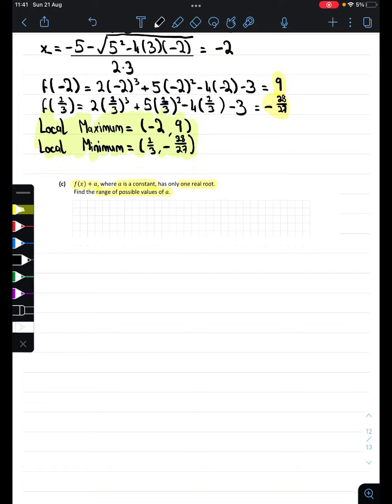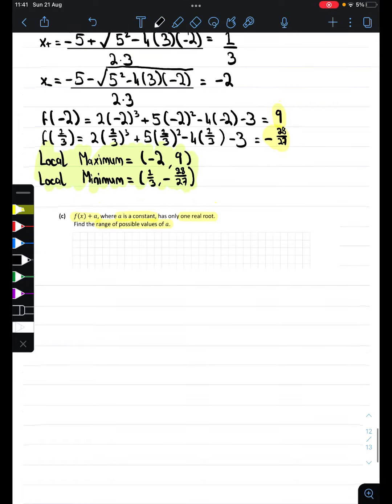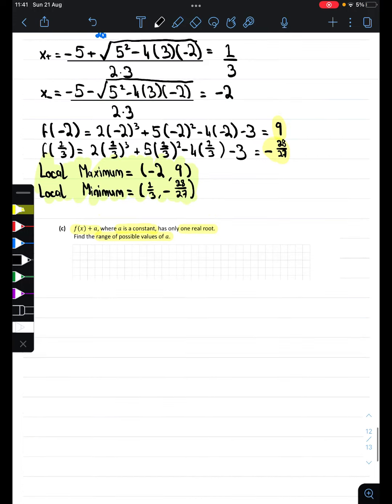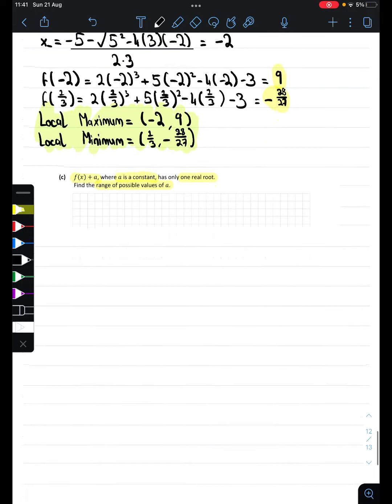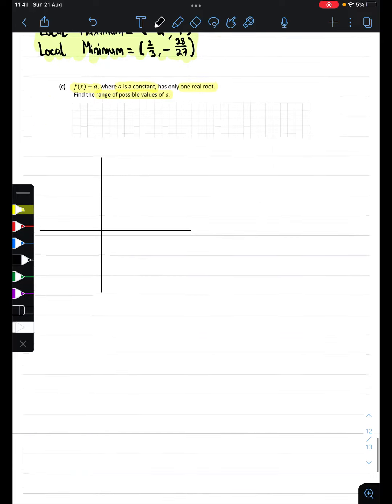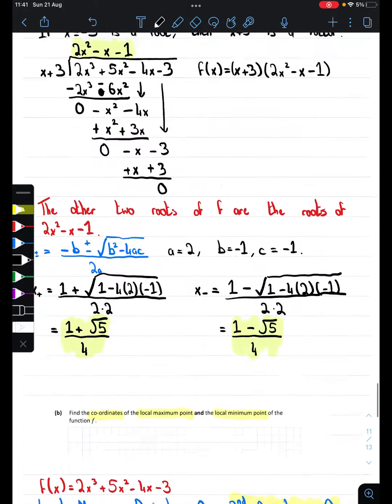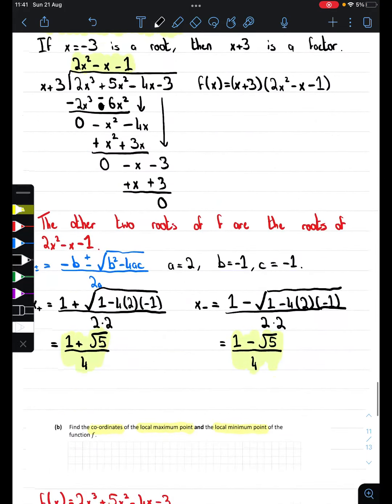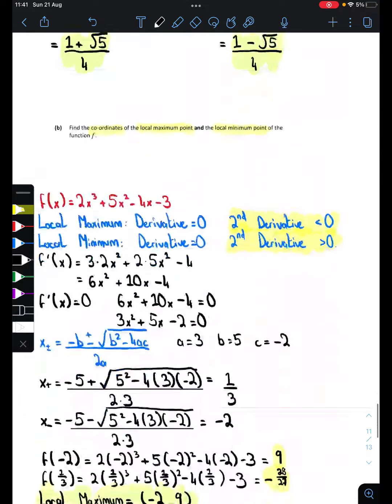Okay, now here is where knowing what the graph of a cubic looks like, or what this cubic would look like, is very useful. So our roots, we know, are let's say -3, (1 + √5)/4, and (1 - √5)/4.